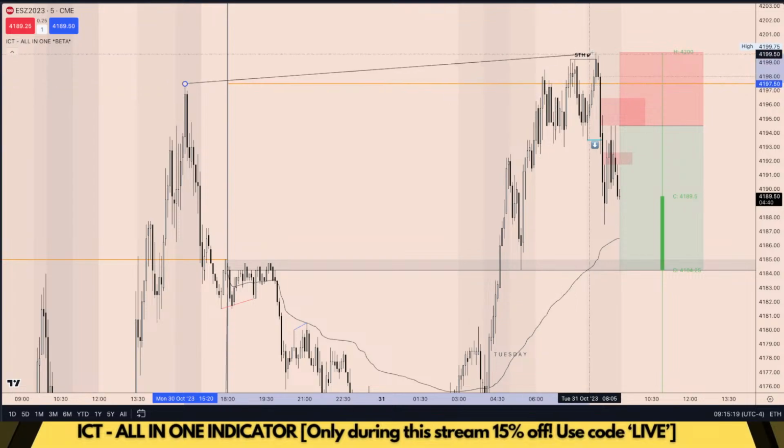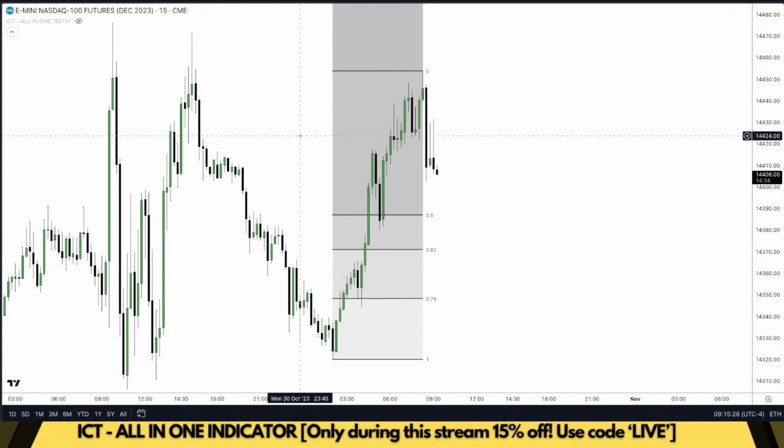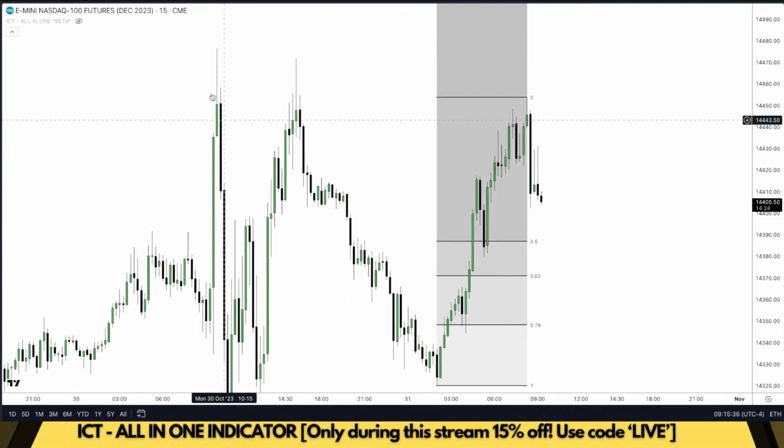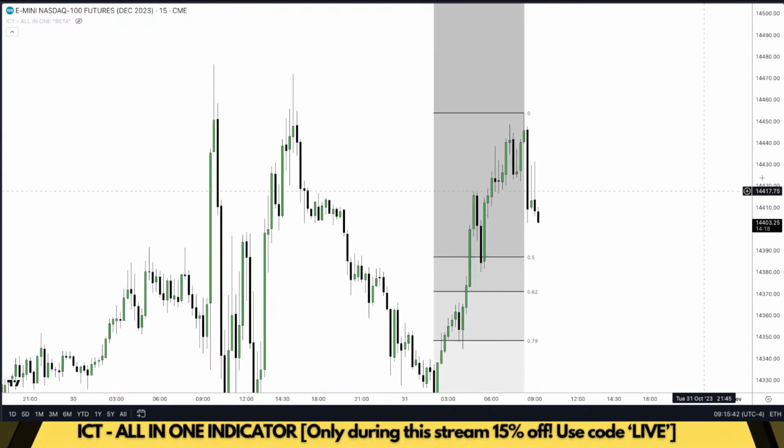We had something similar yesterday. So here we went above yesterday's high, but on NQ we didn't go above yesterday's high. And yesterday during the PM session that led to ES rallying to the upside.